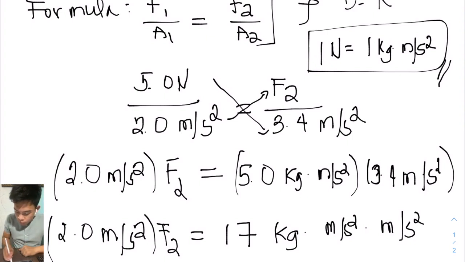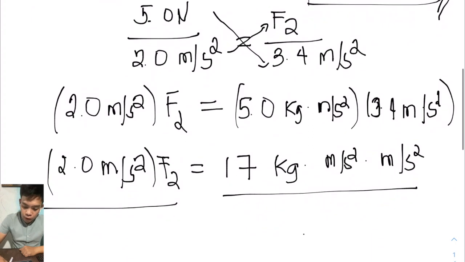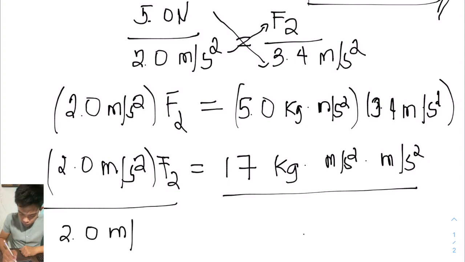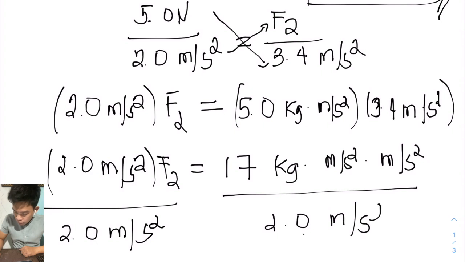Next, we divide both sides of the equation to arrive at the value we are looking for. Dividing by 2.0 meters per second squared, the units cancel because they appear on both sides of the equation.